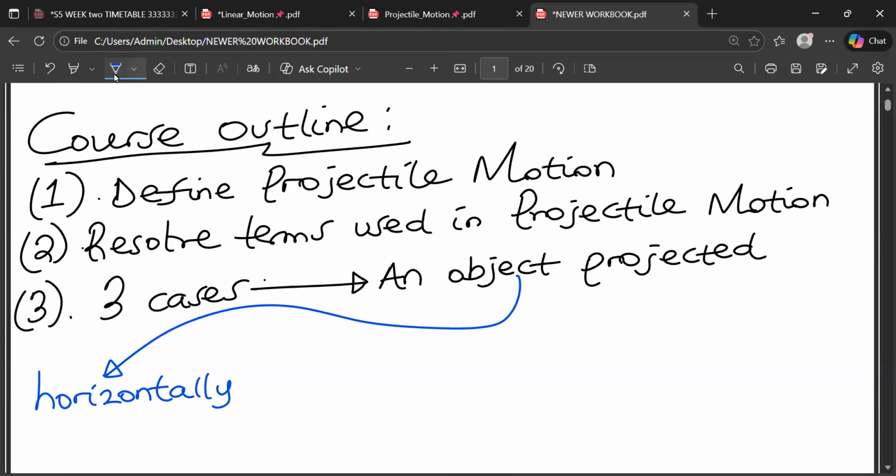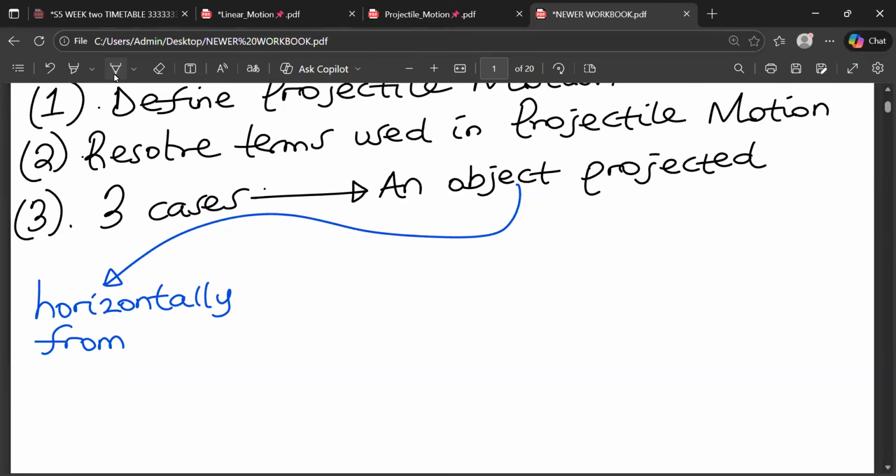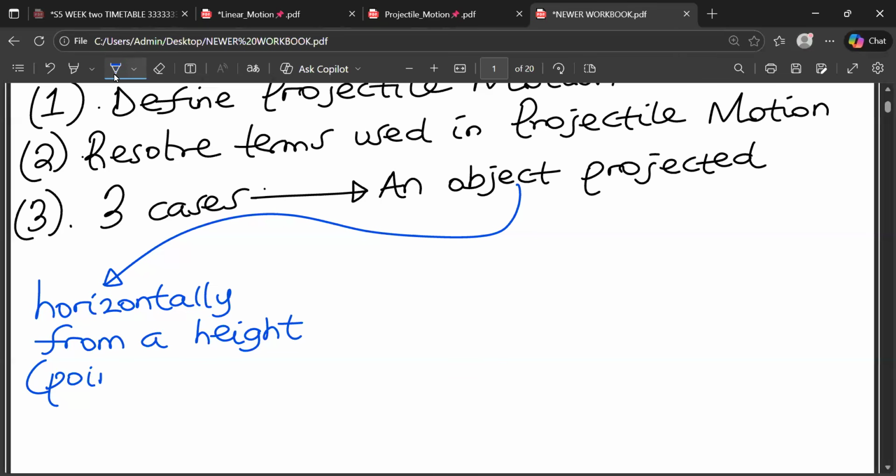The object can be projected horizontally from a height above the ground. Of course, it cannot be projected at the level of the ground. So from a point above the ground, that is case one.